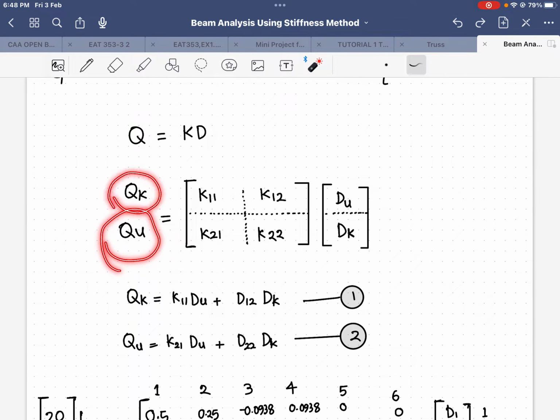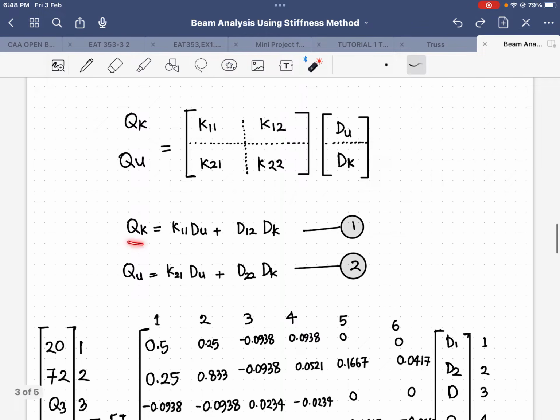Q known we already got. In here we have two formulas. This is K11, that means first column, first row; Du means the unknown displacement; Dk means the known displacement; and K12 is the first row and second column.